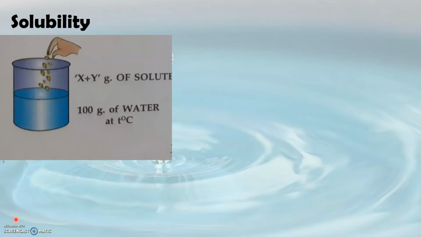Now to that unsaturated solution, we are adding even more solute. Say X plus Y gram of solute is added into the same 100 grams of water, at the same temperature of T degrees Celsius. Now stir it well.